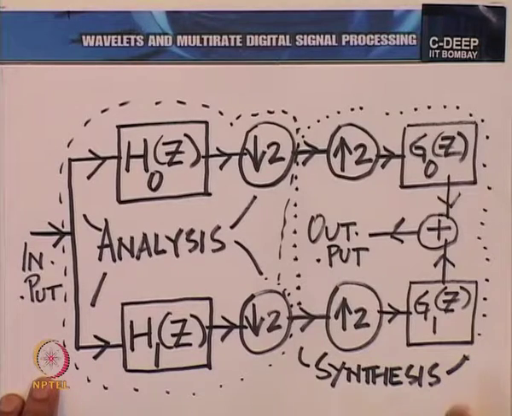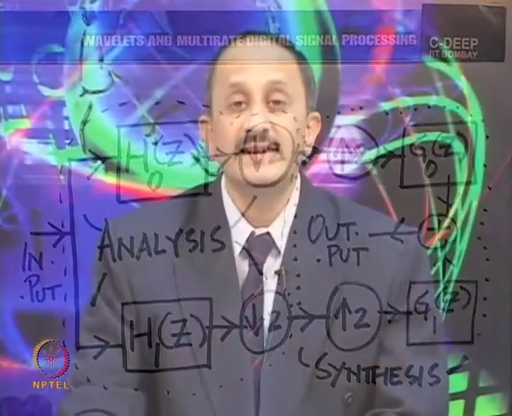Anyway, with this little recall of what we did in the previous lecture, let us identify what it is in this filter bank which is unusual, which is beyond what one normally is exposed to in a basic course on discrete time systems. If you look at it carefully, there are two unusual blocks here and they are the downsampler and the upsampler.